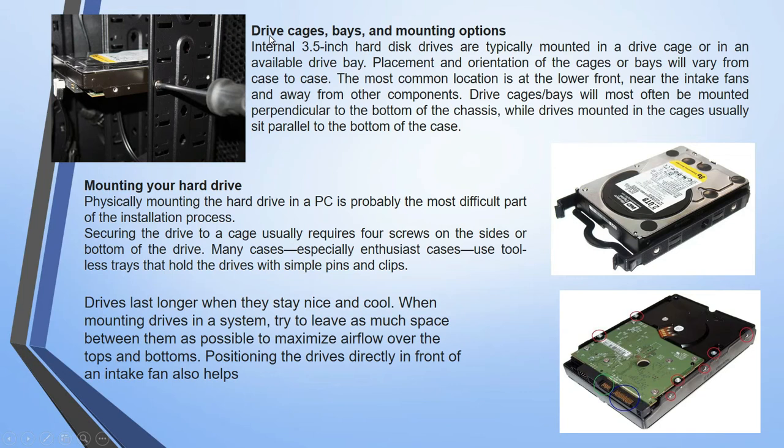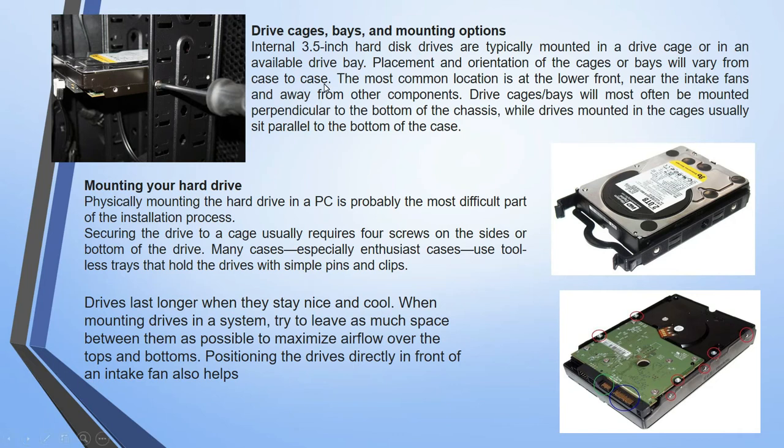So it has the drive case, base and mounting option. So what is that drive case, base and mounting option? Internal 3.5 inch hard disk drives are typically mounted in a drive cage or in an available drive bay. Placement and orientation of the cage or base will vary from case to case.